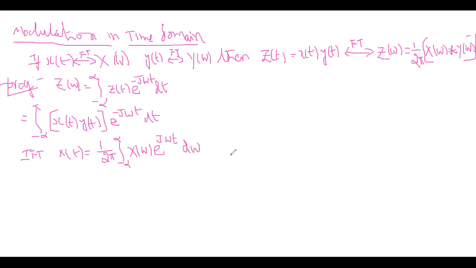Okay, my dear students. With respect to omega, you have to change it a little here, as 1 by 2 pi integral from minus infinity to infinity, changing it to lambda, x of lambda into e power j lambda t d lambda.